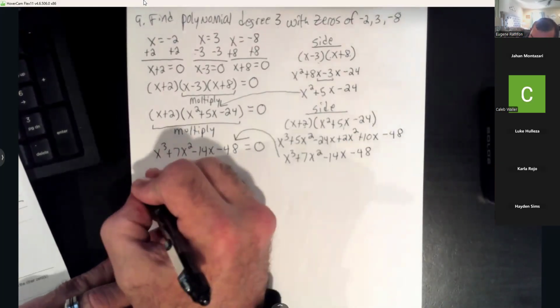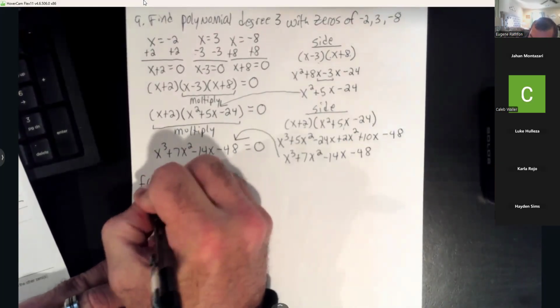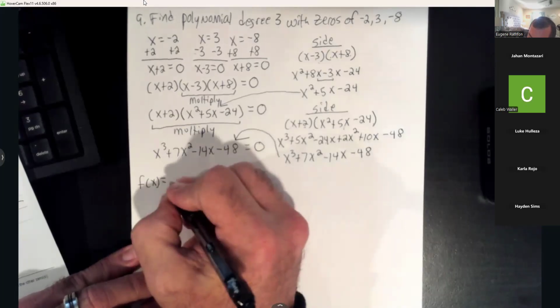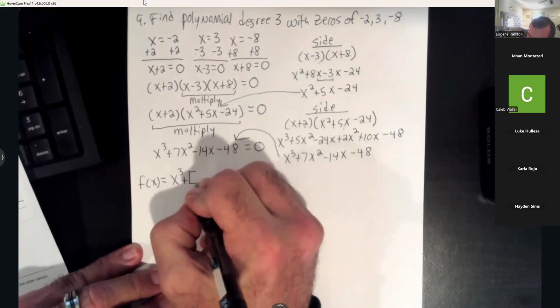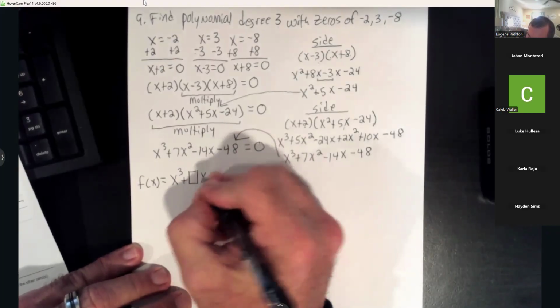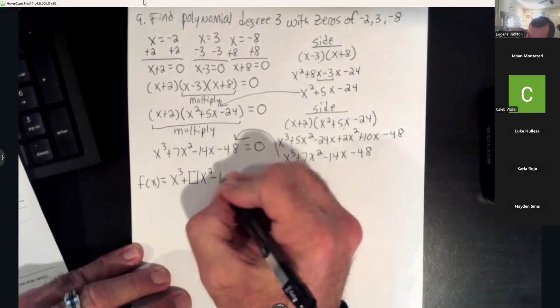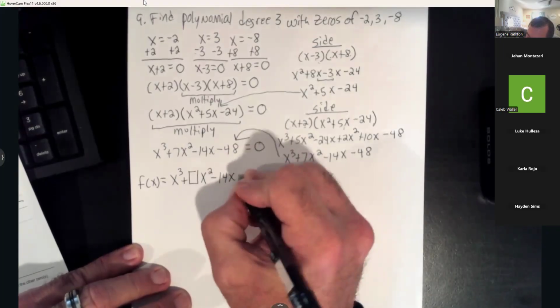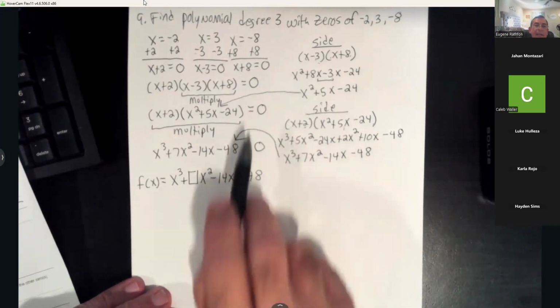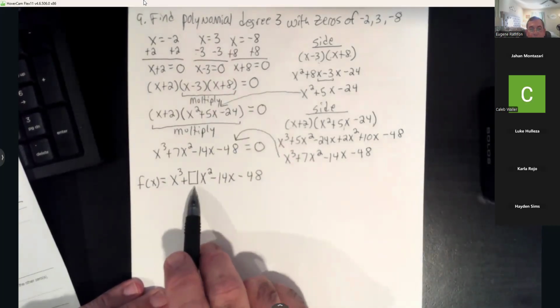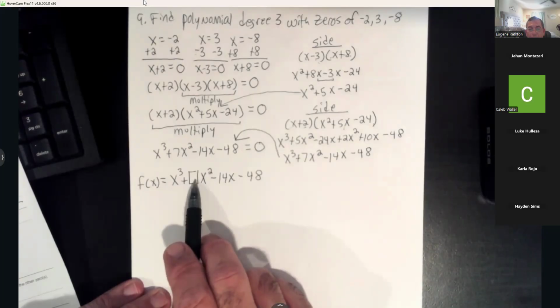So y'all, here's how MATLAB has the answer. They got f of x equals x cubed plus blank x squared minus 14x minus 48. So we did this whole problem to find what number goes in that box.